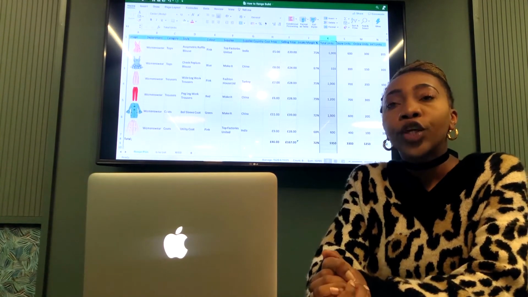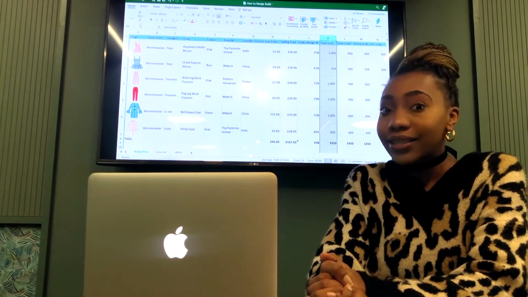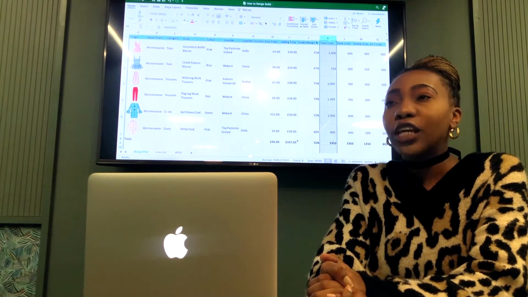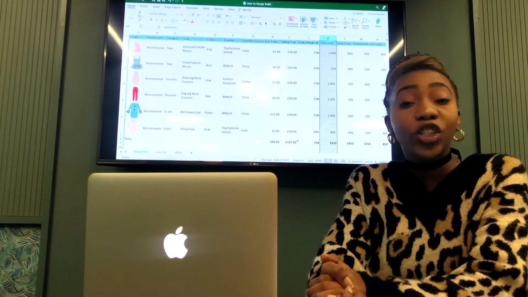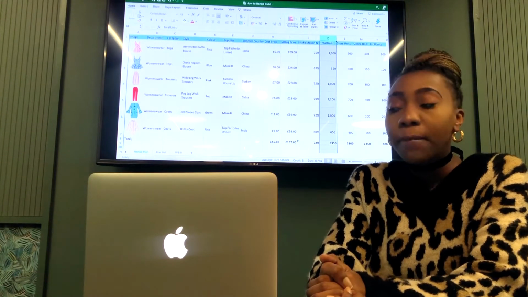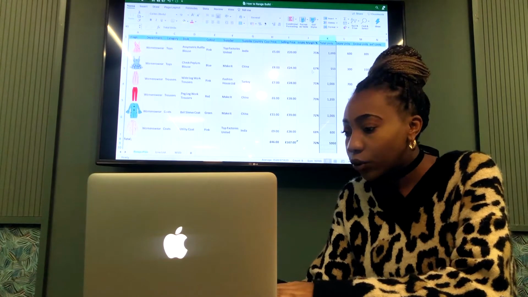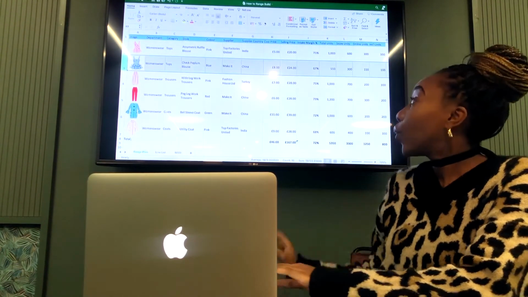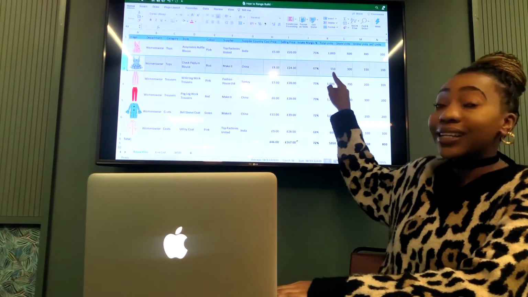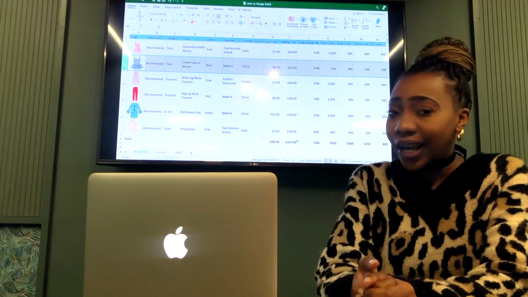And the reason that we consider our margin when deciding our units is because if you have something at a really high intake margin, you want to buy more units in it. But if you have something that's quite a tight margin, I'll use the example of this one, the blue top on the second row, which we can see is being bought at a 67% margin, and that's quite tight.